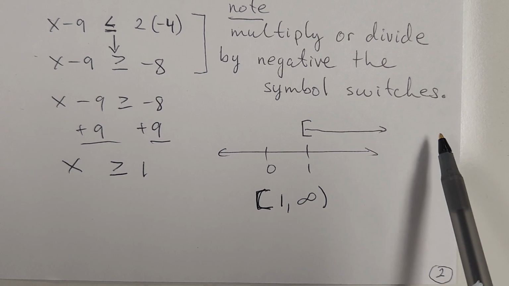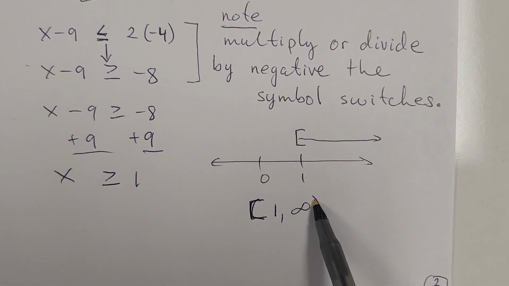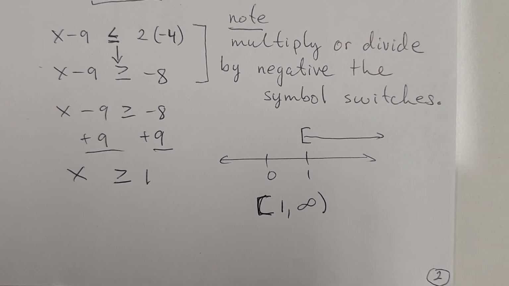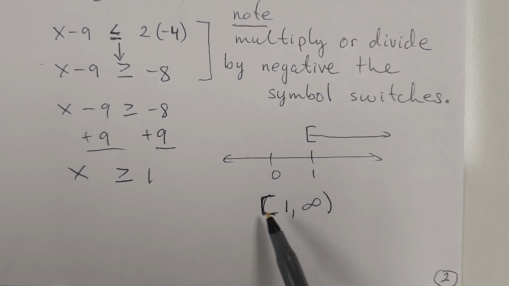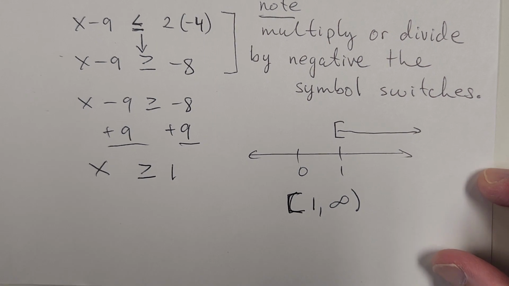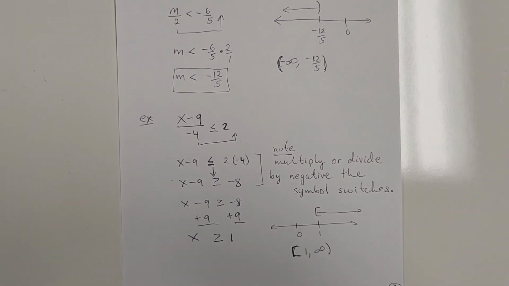Since it's on the right side, it becomes positive infinity, and infinity always uses parentheses. So this is the answer, this is the graph, this is the interval notation. So this is for solving inequality part 2.